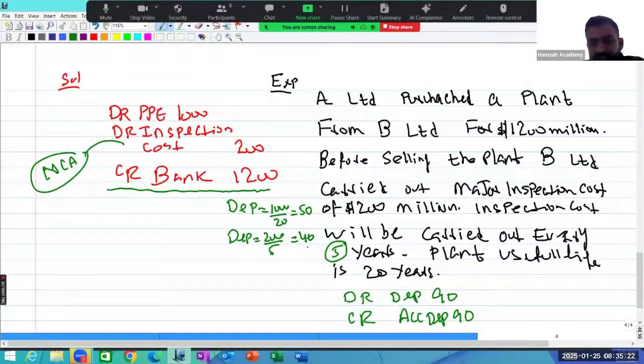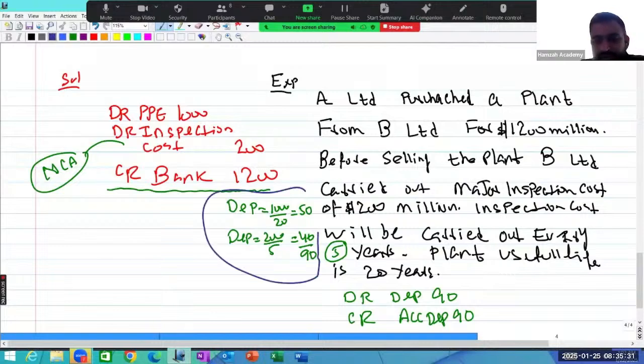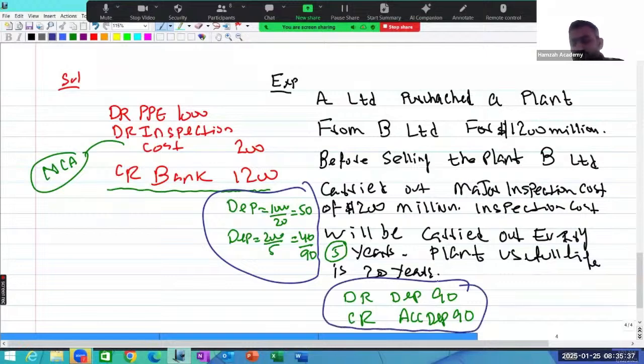It will be 40. So total depreciation is 90. Okay. And that would be the recording of the depreciation. We will debit the 90 million US dollar depreciation and credit the accumulated depreciation by $90.